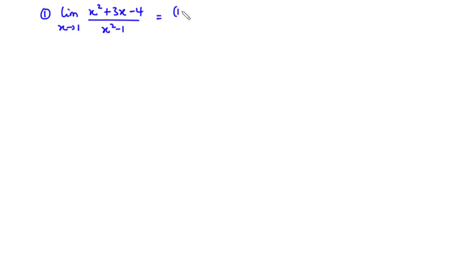So we have 1 squared plus 3 times 1 minus 4 divided by 1 squared minus 1. 1 squared is 1, 3 times 1 is 3, and 1 minus 1 is 0. 1 plus 3 is 4, 4 minus 4 is also 0. So we have 0 divided by 0. Now 0 over 0 is indeterminate because we don't know what 0 over 0 is.